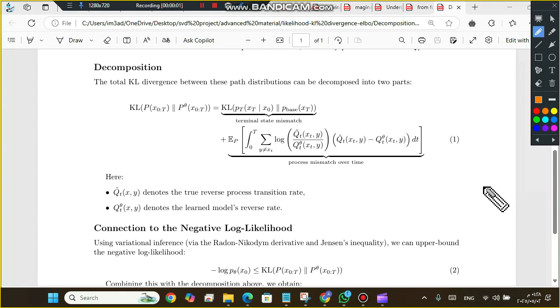Let me give you the intuition behind this. Let's say that we have two starting points. We have this starting point over here, and we have this starting point over here. And from this starting point, we make this swing, for example, over here. And from this starting point, we make a different swing, for example, like this.